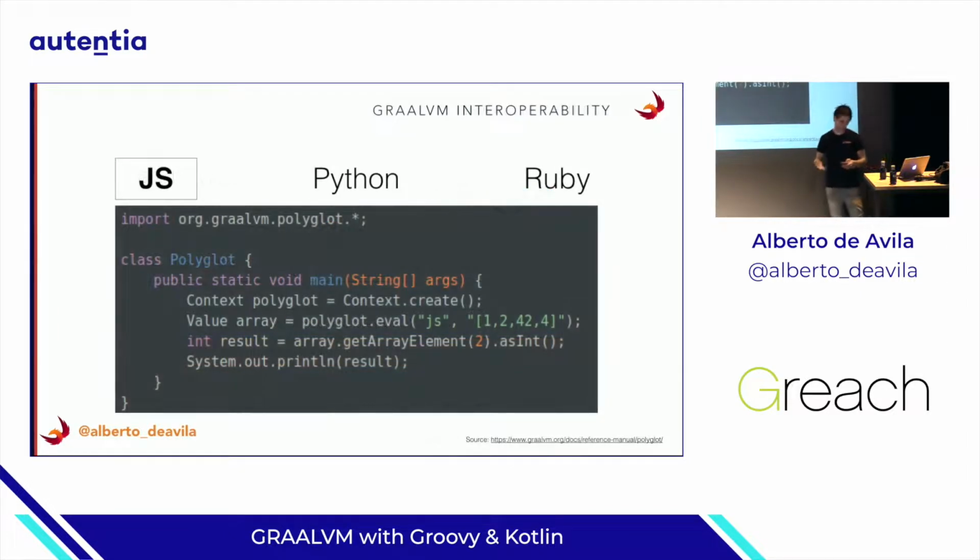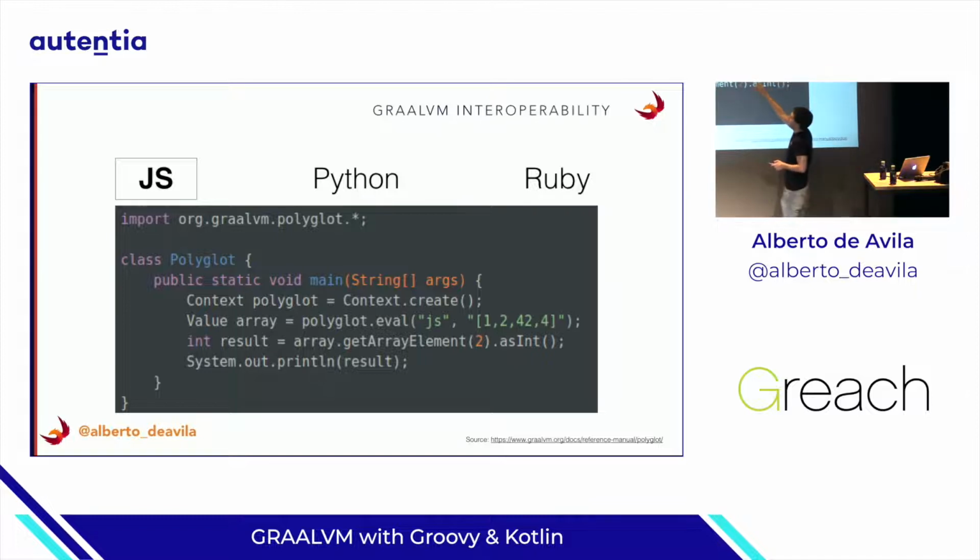Let's see an example, because we are developers and we want to see code to understand things. As you can see in this piece of code, this is a Java class, very easy to understand, that has a main method, and we are creating a list in JavaScript in that line.